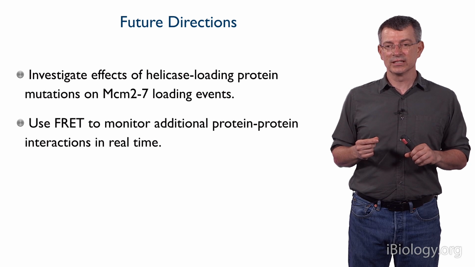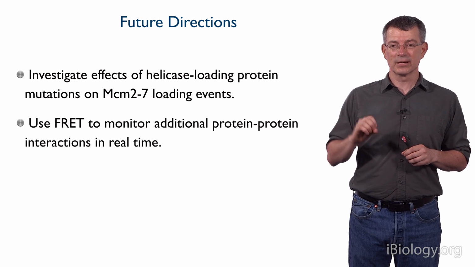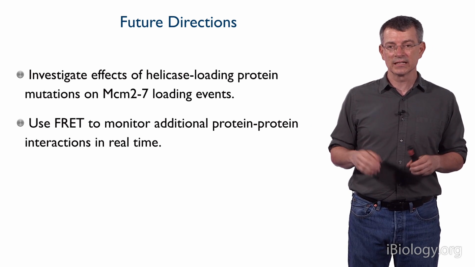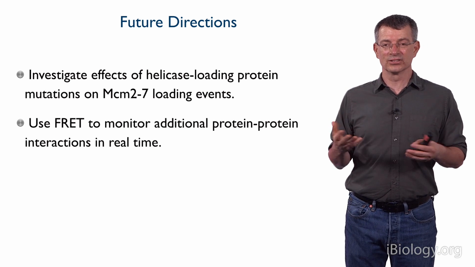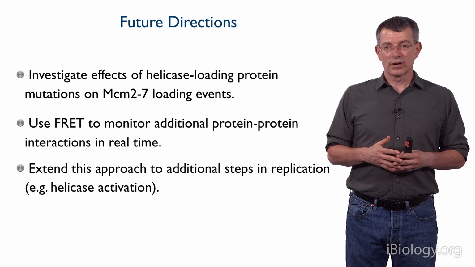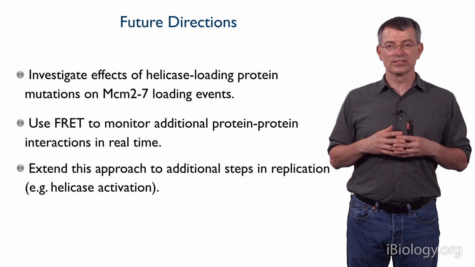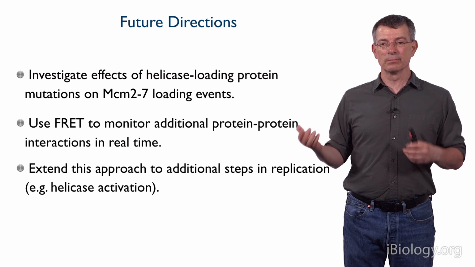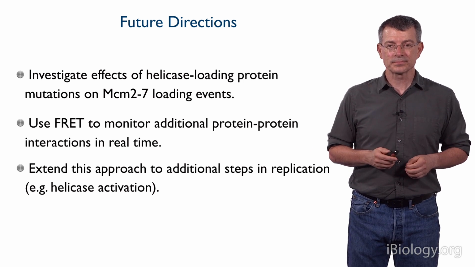I showed you using it to monitor the formation of the double hexamer, but you could also use it, for example, to monitor the opening and closing of the MCM2-7 ring during the loading process, which would be one of the most key events in understanding loading. Finally, much of the replication process has been reconstituted with purified proteins, and so extending this same approach to look at the helicase activation and replisome assembly process is a key goal for my laboratory.